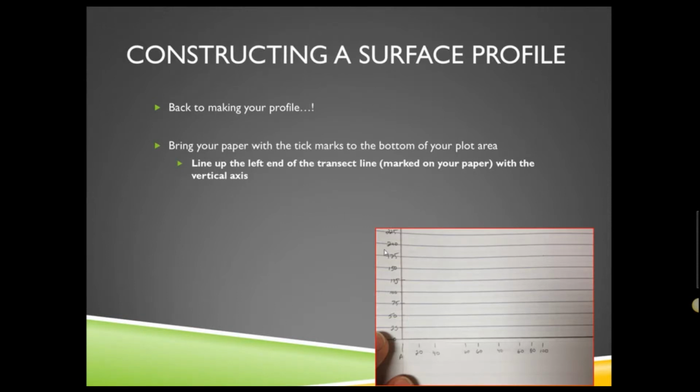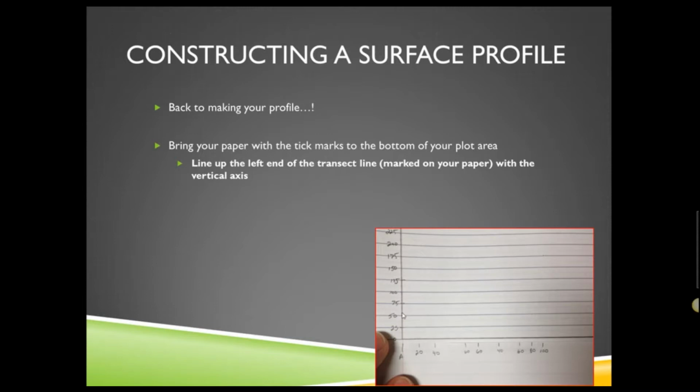So in this case, I just have my vertical axis where my feet are on the blue lines because I'm using lined paper. So I would need to put my ruler on here and measure, for example, how high 50 feet is, and use that in my vertical exaggeration calculation.